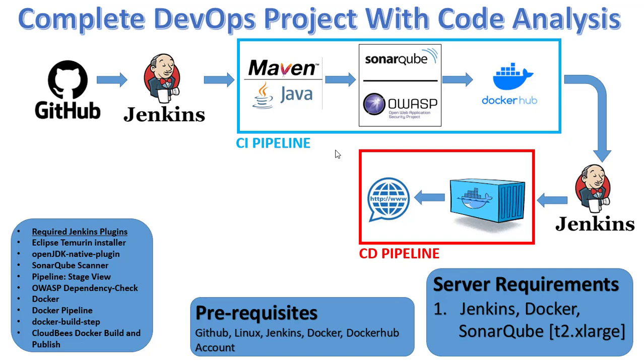Here I will use only one EC2 instance, so my server requirement is one. In that server I will install Jenkins, Docker, and the SonarQube container. I will use a T2 X large instance for this project.